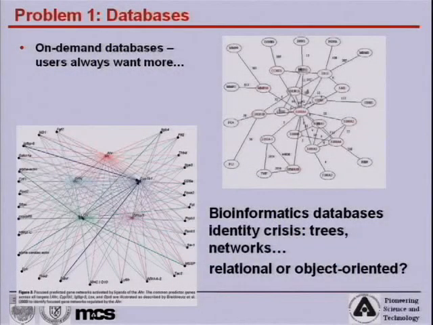The other problem is actually most of the data in biology and bioinformatics is in the form of trees or networks. And we have very good relationships with Oracle people. And we're interacting quite a bit with them because we have an identity crisis for our data. Is it a relational database or is it object-oriented?